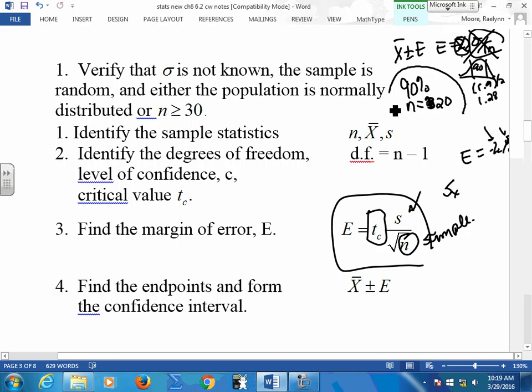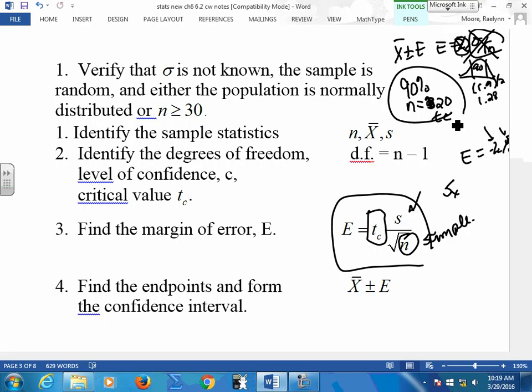Find me a TC for 90. Find me a TC. Maybe if I show it to you, you'll see a little bit differently.